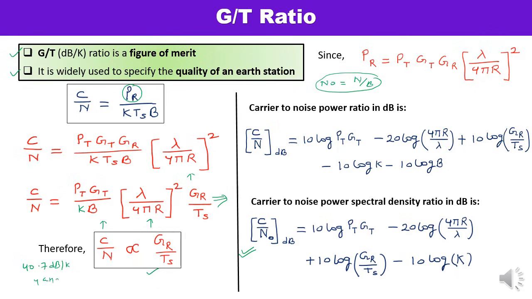It is always required to specify the frequency and elevation angle, because GR varies as f square across the frequency band, and TS, the system noise temperature, also depends on the sky temperature. These are the parameters which impact it. That is why G by T is a parameter which specifies the quality of an earth station.